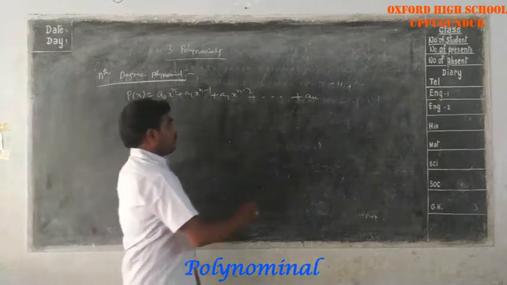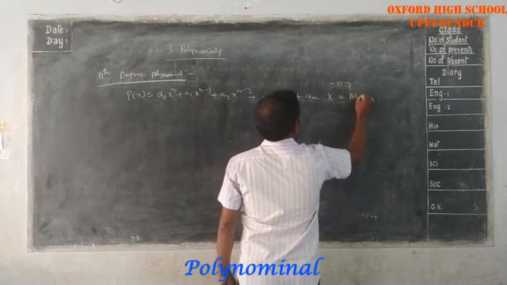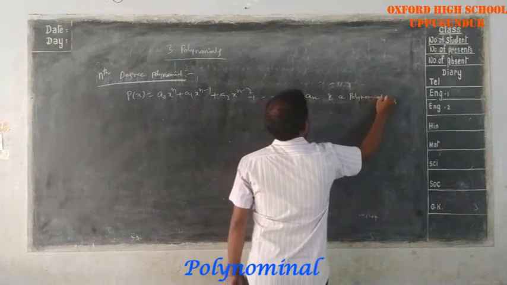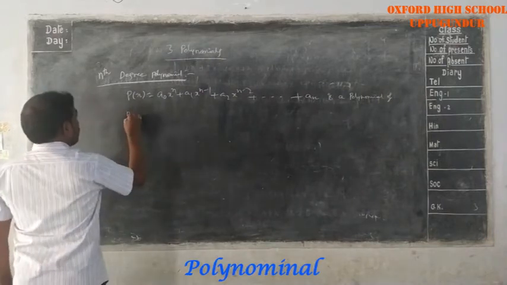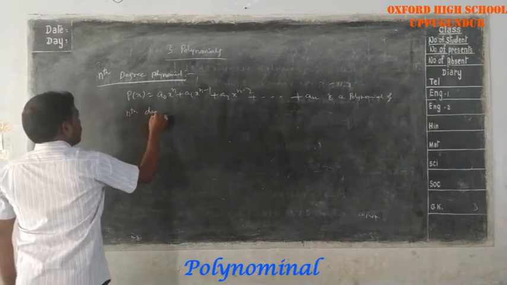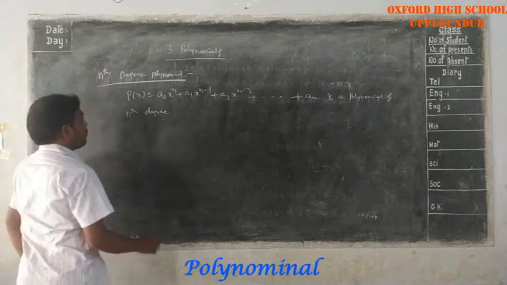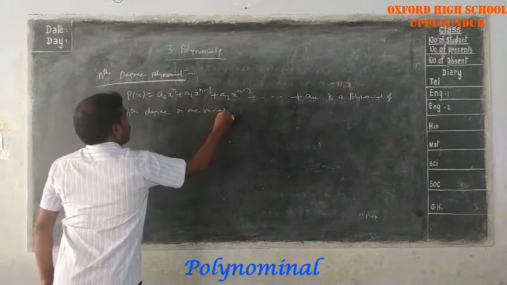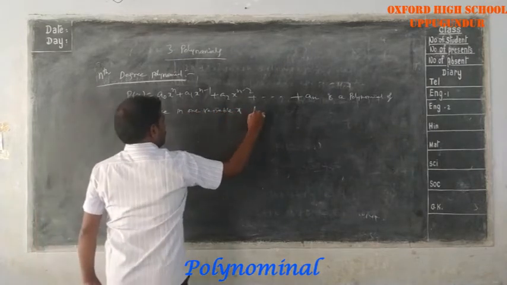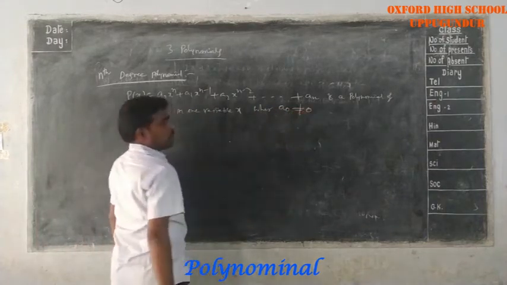So this is a polynomial of nth degree in one variable x, where a naught not equal to 0.